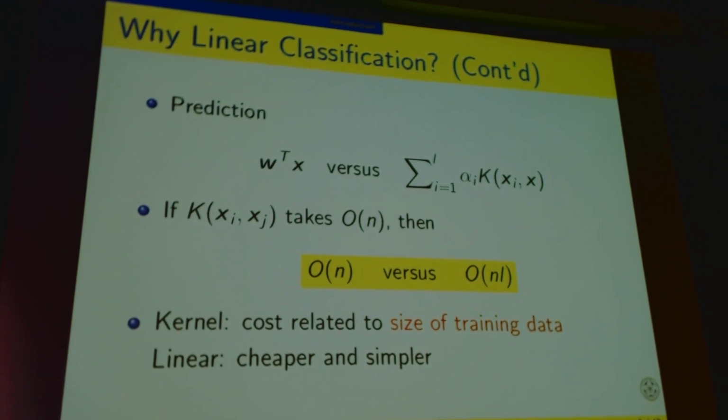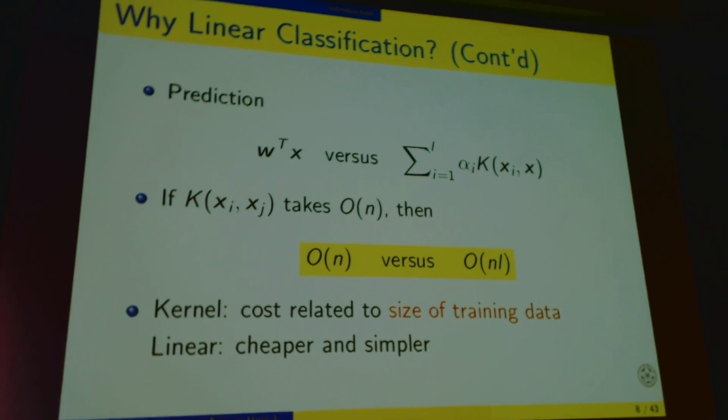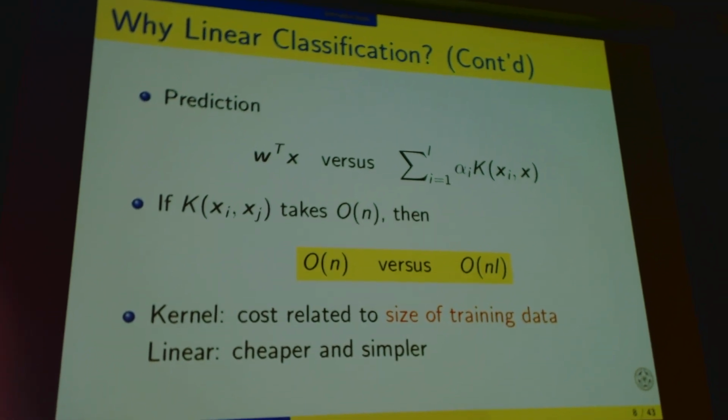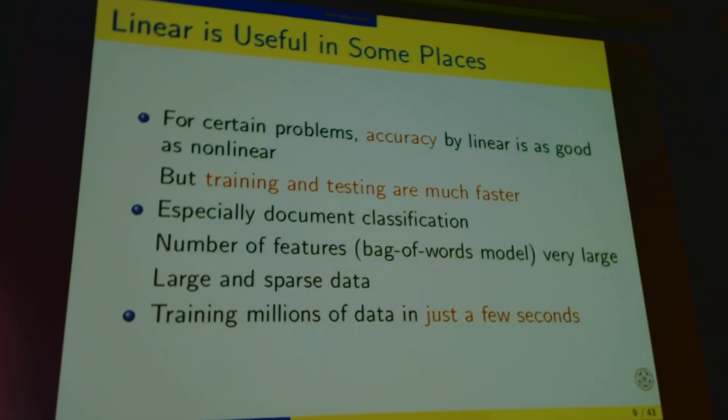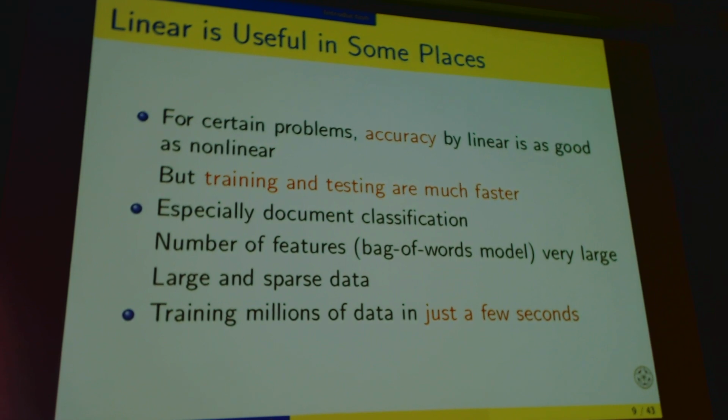Therefore, if you don't use the kernel approach and instead just use linear, after finding good enough features, such an approach is actually cheaper and simpler. So this is one reason to use linear classification. Now we notice that linear is particularly useful in certain application domains.